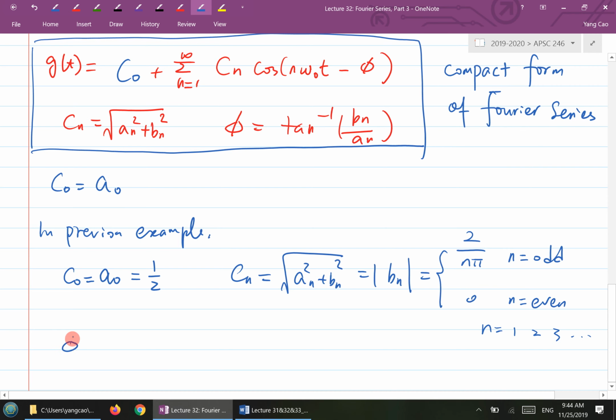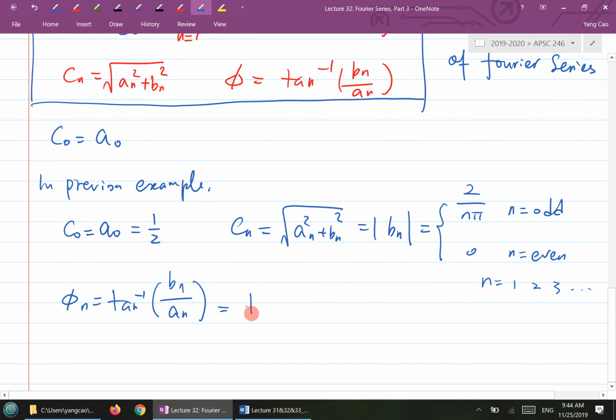Phi n is inverse tan of Bn over An. That's basically when you plug in 0 over here, so it's Bn over 0.